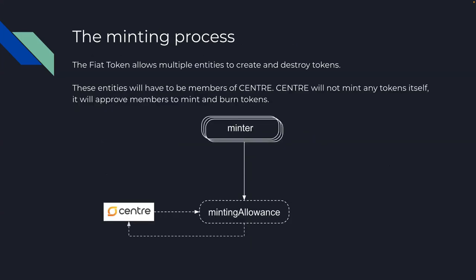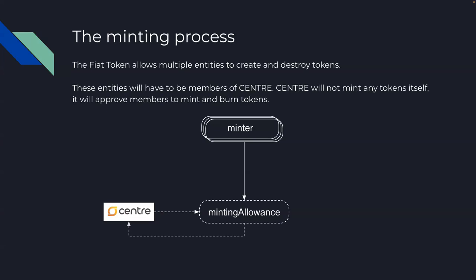And I would like to go deeper into how the minting process works behind the scenes, because, as I said before, we have plenty of minters. So we have a network of minters, and each minter has a minting allowance. This minting allowance is set by Centre, and is periodically checked to see if they meet all the requirements, and is fixed.